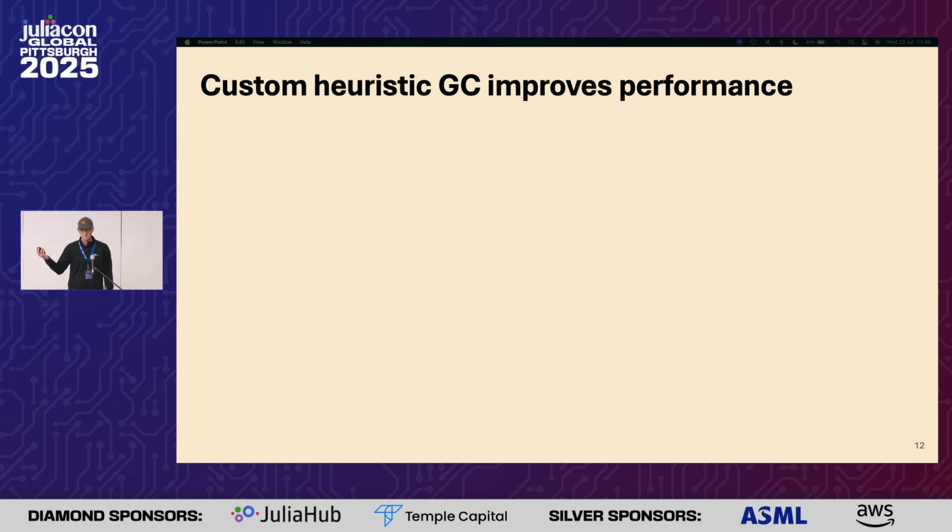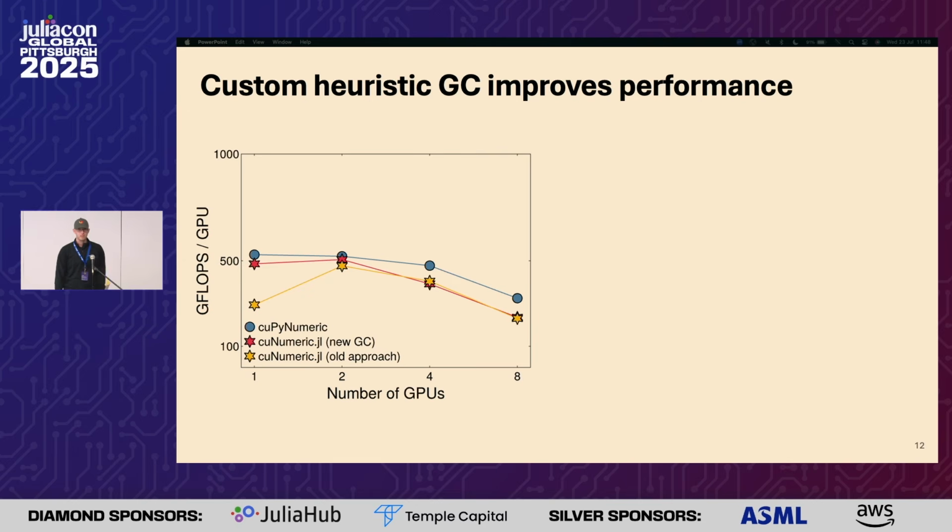did. We have automatic heuristics that enable us to run the Gray-Scott heat diffusion without manually placing the garbage collection call. And you can see here, we do slightly better, and the red line is our cuNumeric.jl with the new garbage collection heap heuristics versus our old method.